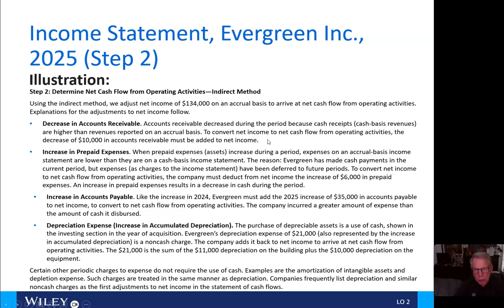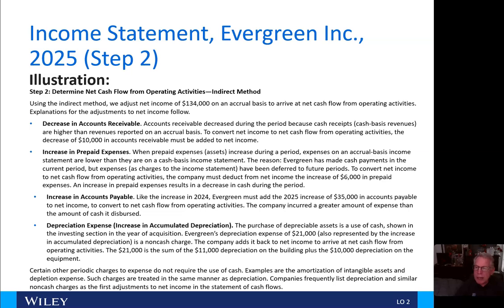You'll remember in my shirt example, inventory went up, and that was a decrease in cash. But if inventory had gone down, or for that matter, accounts receivable had gone down, that's going to be a decrease in cash. So we also had an increase in prepaid expenses. Expenses are lower than they were on a cash basis, and the reason is Evergreen has made cash payments in the current period, but expenses as charges to the income statement have been deferred to future periods.